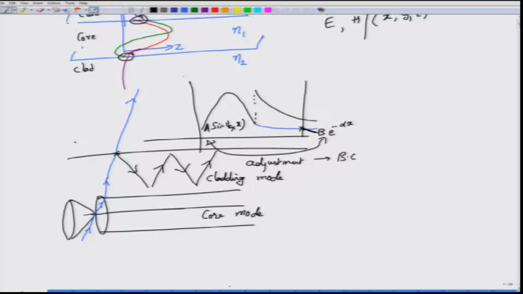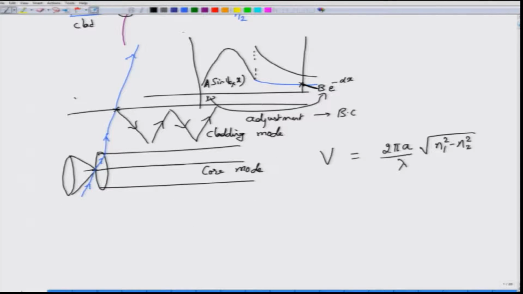The problem with increasing the core area is that there is a certain parameter called the V parameter, okay, and it is defined as 2 pi a by lambda square root of n1 square minus n2 square, okay.